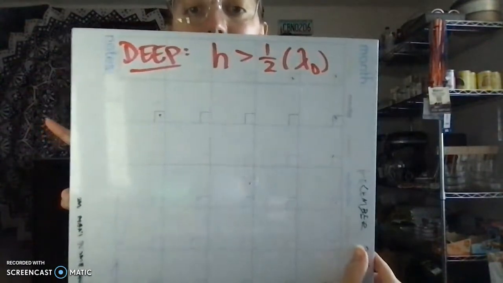Okay, so this is kind of how I would do it. I will just write the relationship down. So deep is H is greater than 1/2 of the depth, which is lambda D. I like writing it down up there. In this example I'm just going to throw numbers out off the top of my head. So say the water depth is 30 meters.